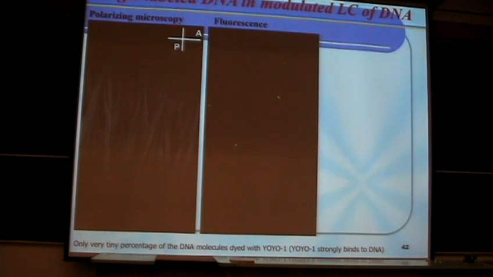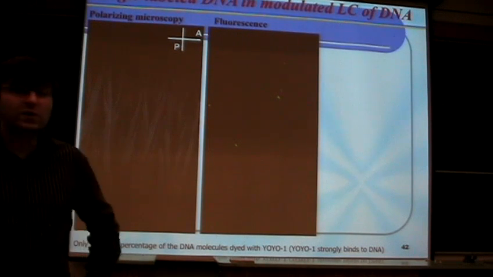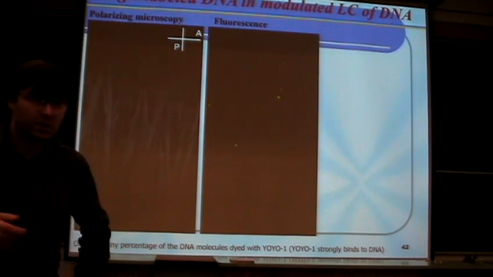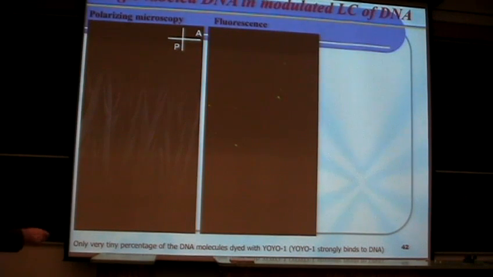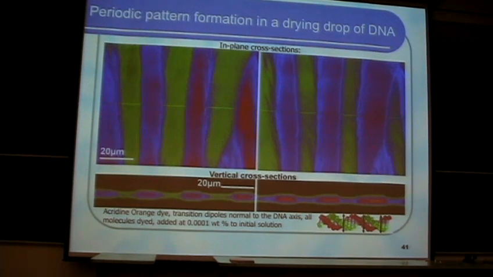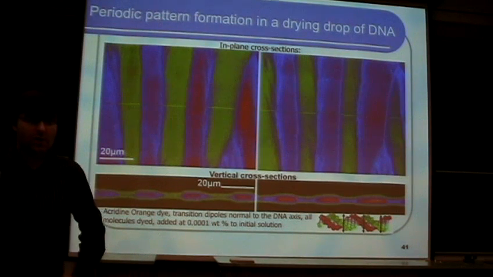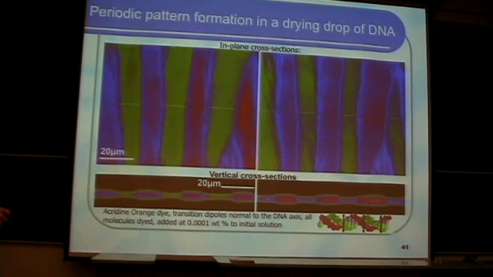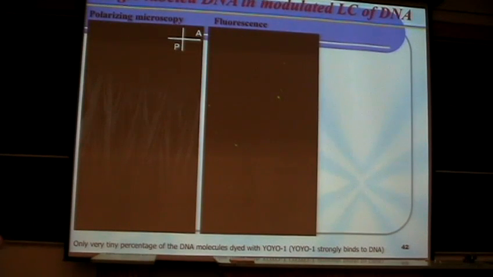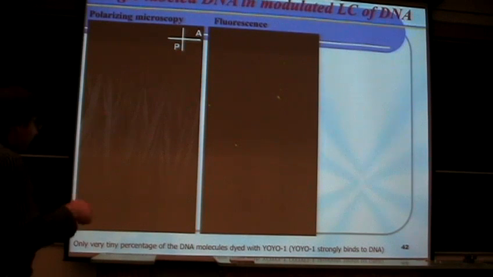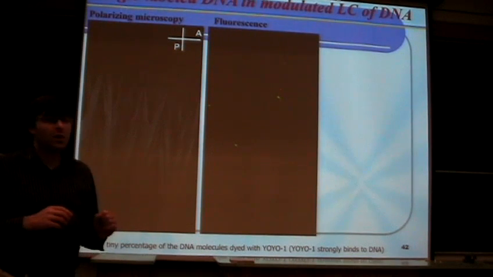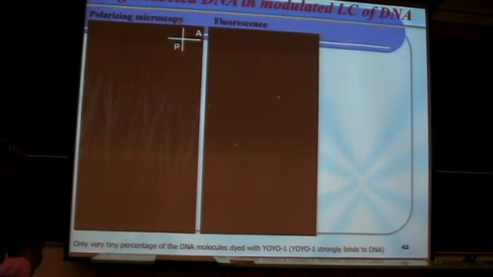Moreover, we can also utilize somewhat different approaches than what we just discussed. In particular, one can use other labels of the DNA molecules, such as YOYO or POPO dyes, and those dyes are known to very strongly bind to DNA molecules, so that a small quantity of fluorescently labeled DNA molecules can be mixed with unlabeled DNA molecules.